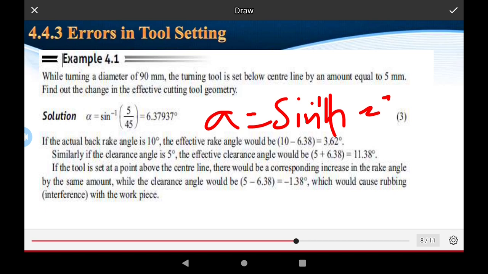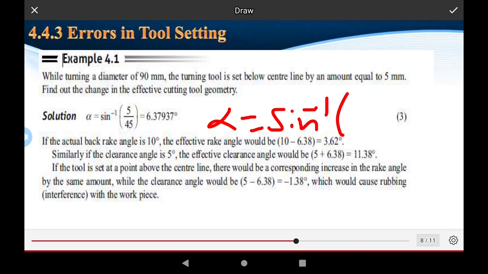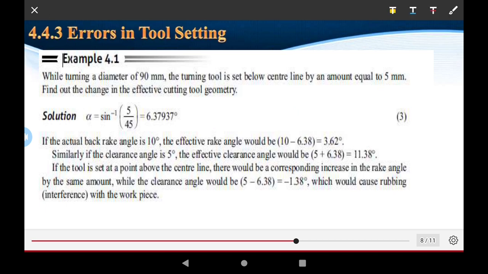Alpha equals sin inverse of h upon r. Putting the values in this formula, we find the value is 6.37.